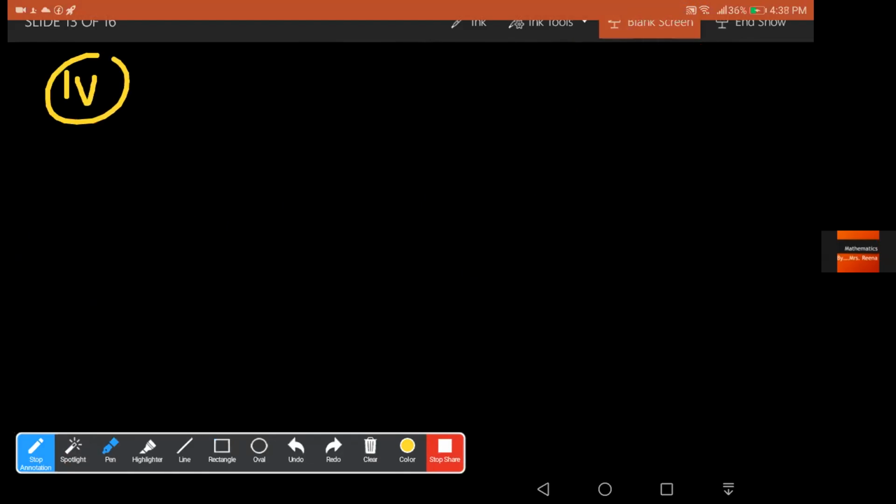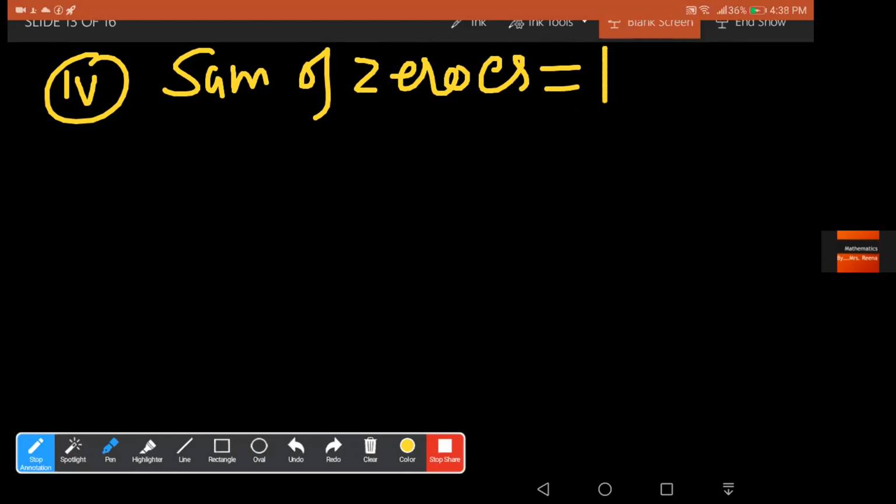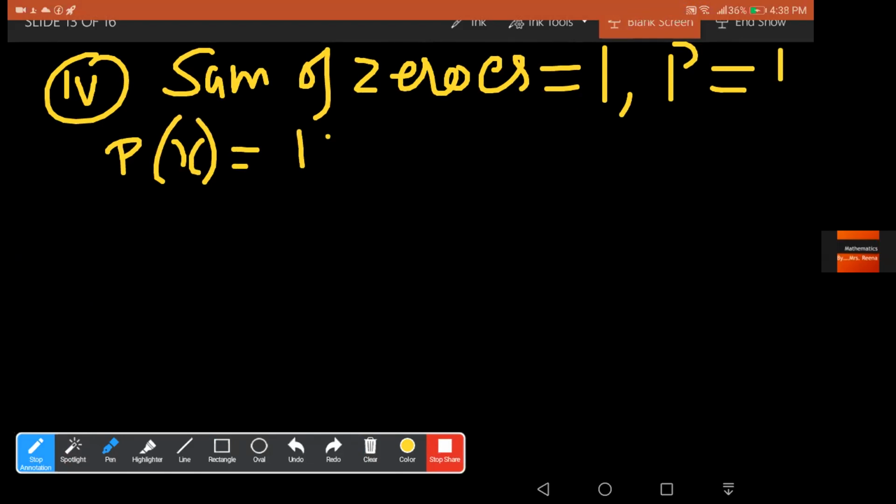So let us take the fourth part. Sum of zeros equal to 1. Very easy. And product of zeros is also 1. So what is the required polynomial? Px will be k into x square minus sx plus p.